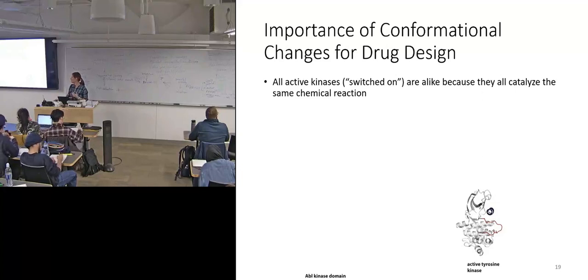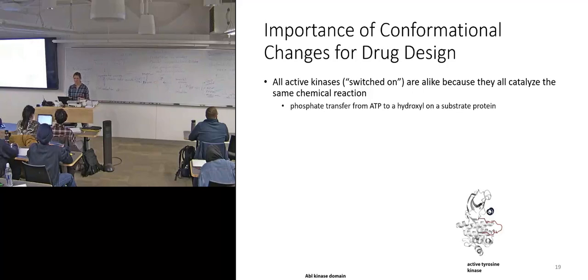So when we talk about kinases again, all active kinases, active meaning they're switched on, right? They're in a conformation where they're ready to bind ATP and phosphorylate something else, right? All active kinases kind of are going to look exactly alike because they all catalyze the same reaction, this phosphate transfer reaction, and so chemistry sort of dictates what that has to look like and how that has to happen, okay?